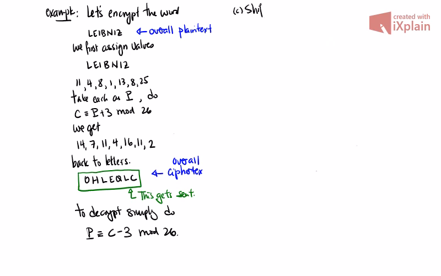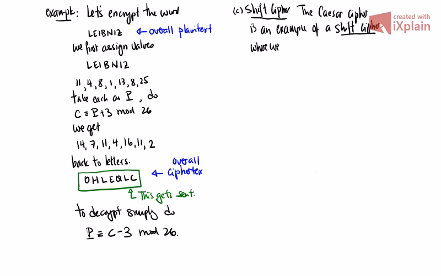So the Caesar cipher is just one of these. Let's say it is an example of the shift cipher, where we sort of generically do the ciphertext is the plain text plus B mod 26, where B is some value between 0 and 25.